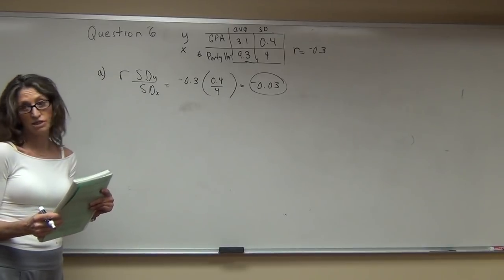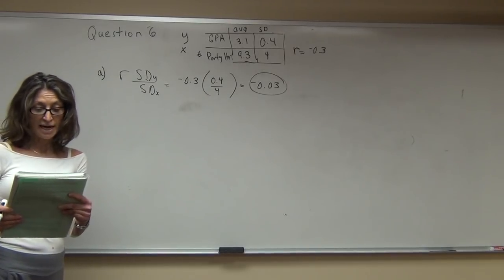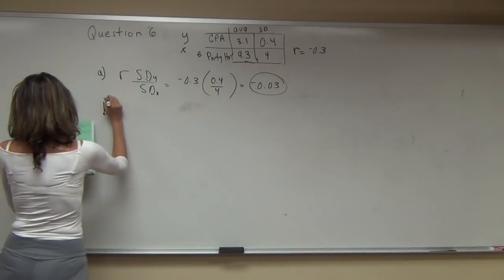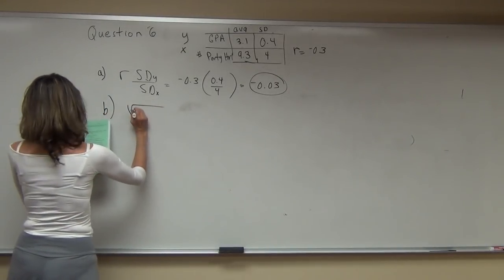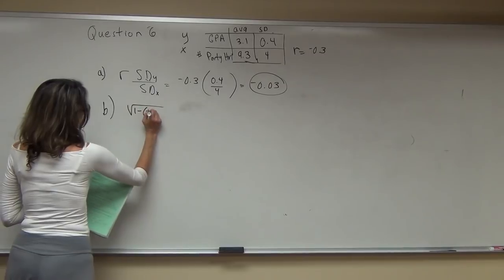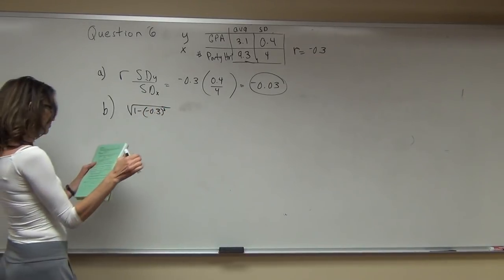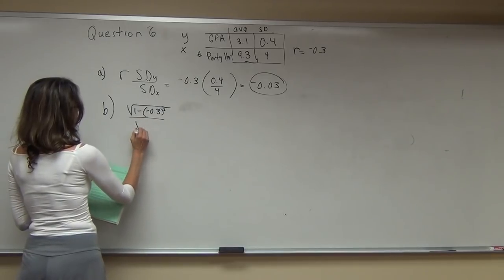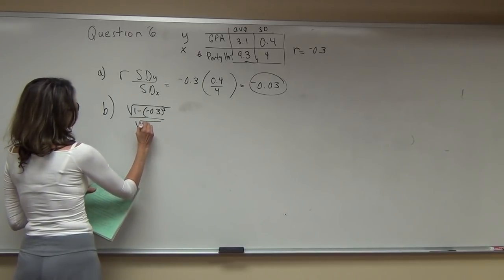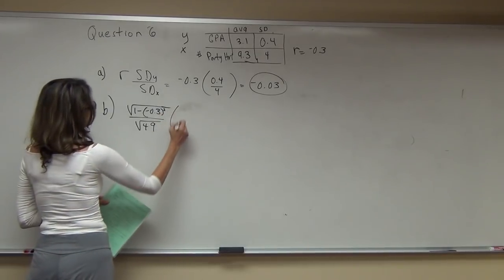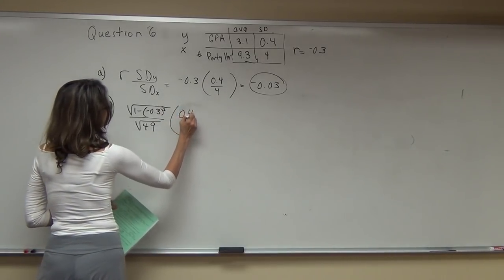Now the next thing I think you'll know how to do is the standard error of the slope, and the formula is given to you. It's just the square root of 1 minus r squared, over the square root of n, and your sample size is 49, times the ratio of the standard deviations.